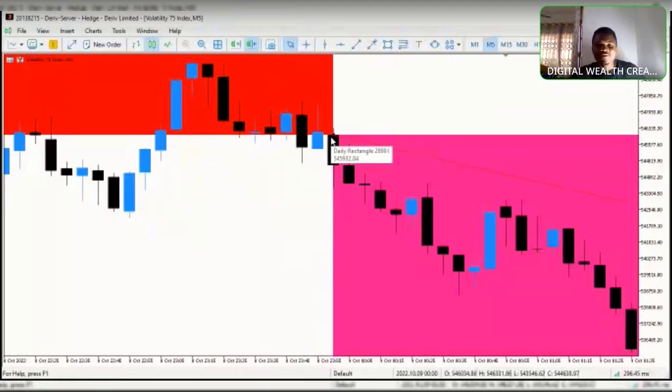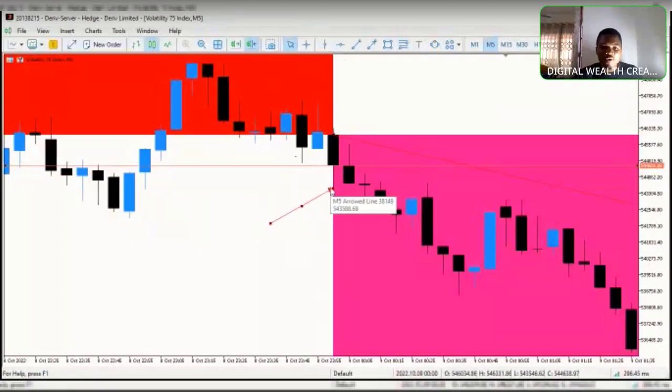Now definitely we are going to enter at the close of this candle, because since you don't know the type of candle that is forming, let's say the candle is running up and down, it hasn't closed yet, there's no way you can take a trade. Let me show you. This bearish candle actually came down here before moving up, and it closed over here.